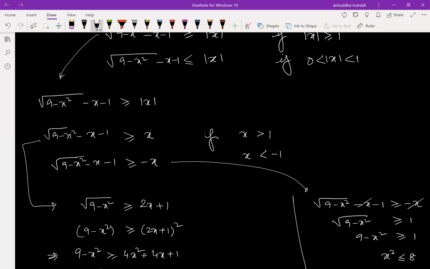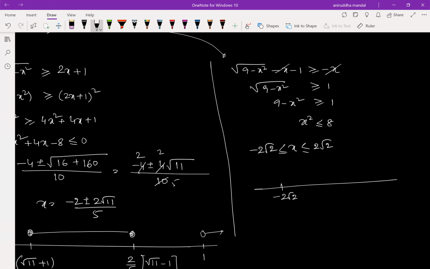Okay, now for this second expression, if we plot this, so minus 2 root 2 here, 2 root 2, and 1 should lie between in here, so we have this position, and our second position is less than minus 1.